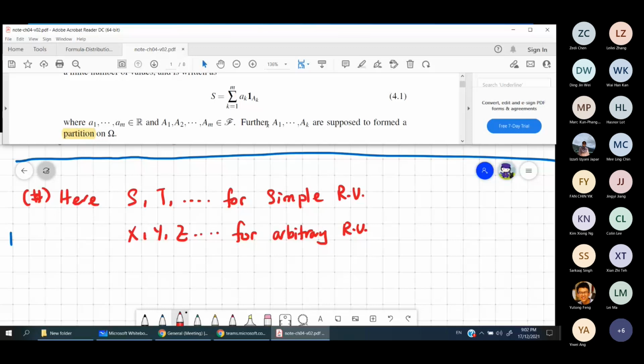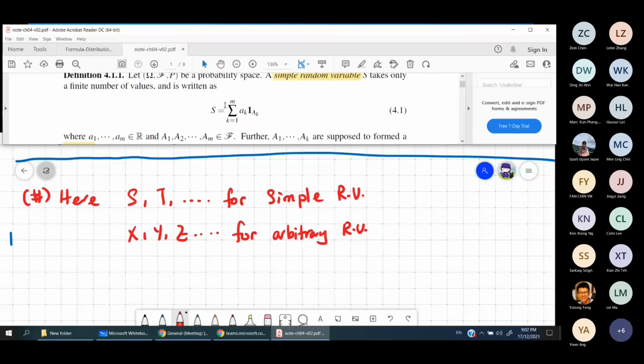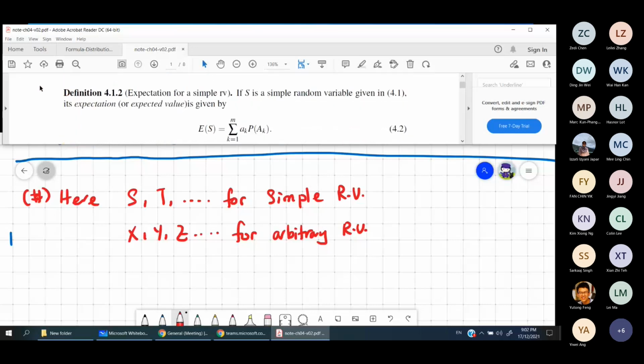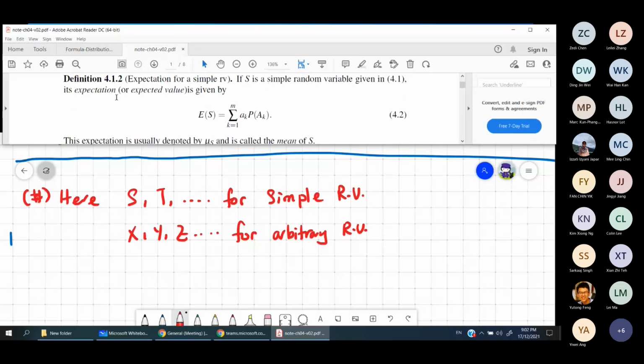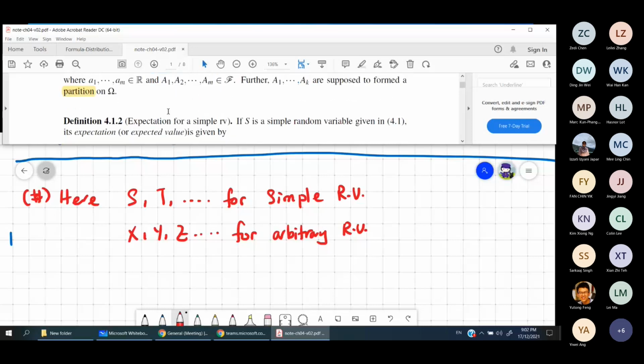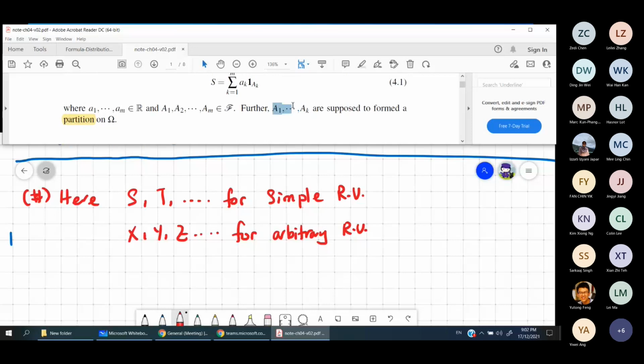Partition means firstly they are disjoint, and secondly, if you take the union of them, combining all of them, it will be equal to omega. So this is the simple random variable, S will be the summation of this. This is very important. We always assume the AK to be disjoint, no overlapping.